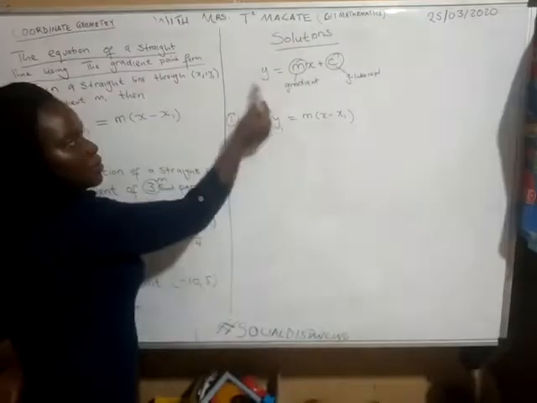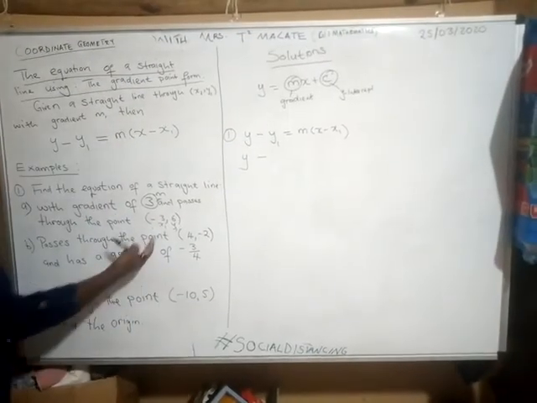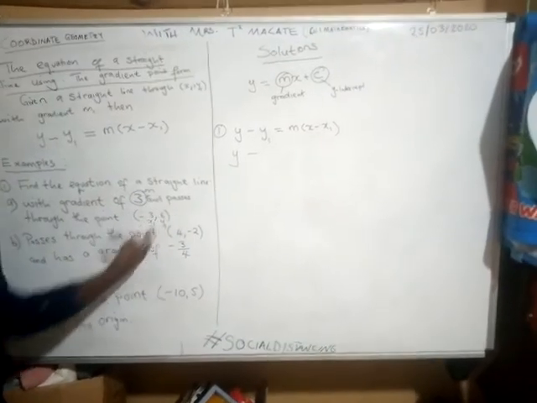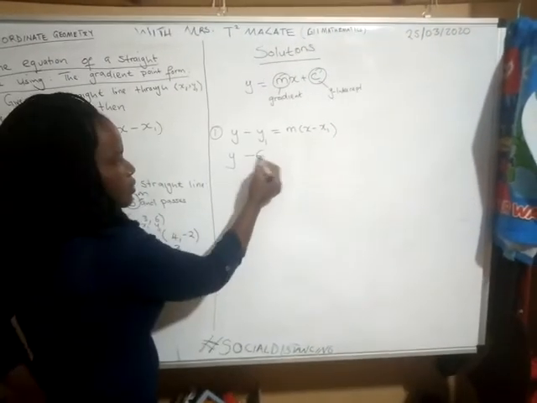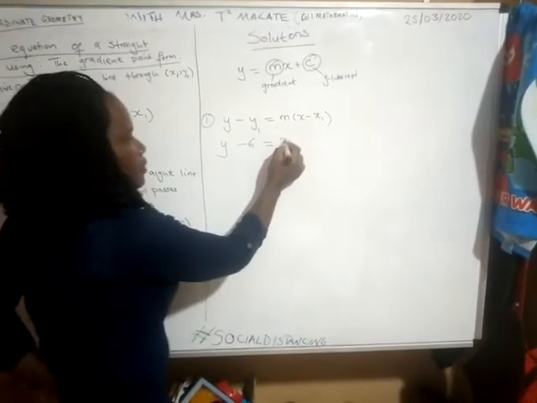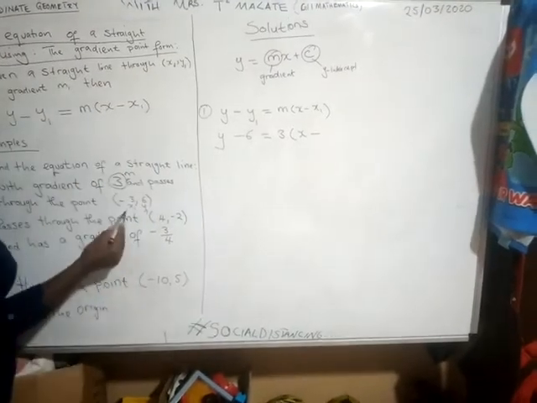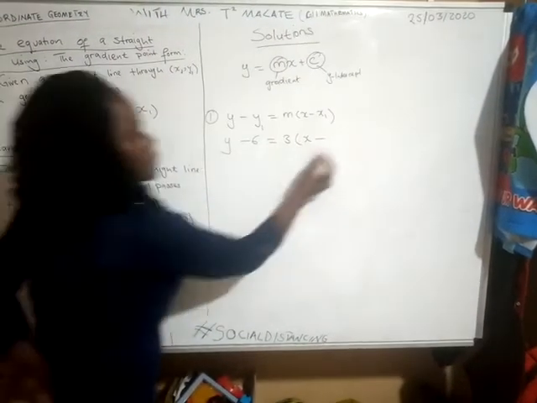That's what's going to help you get to the general equation: y minus our y1 from the coordinate, which is 6, equals our gradient 3 times x minus our x1, which is -3.